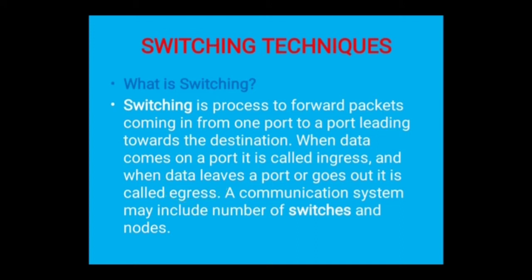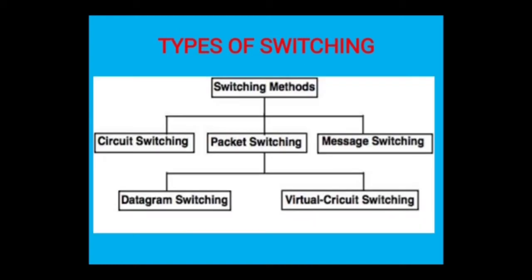A communication system may include a number of switches and nodes. That means in any network we have many computer devices, computer stations and switches. So these are the three switching methods: circuit switching, packet switching and message switching.